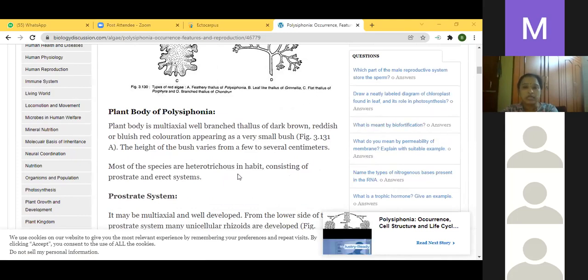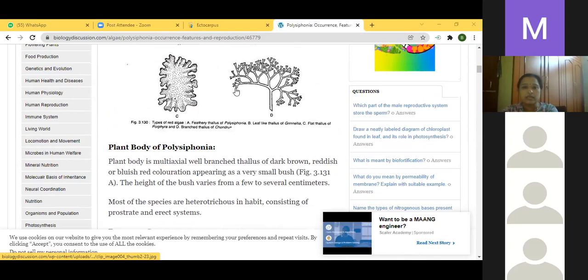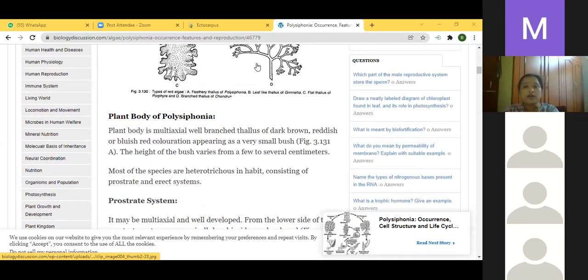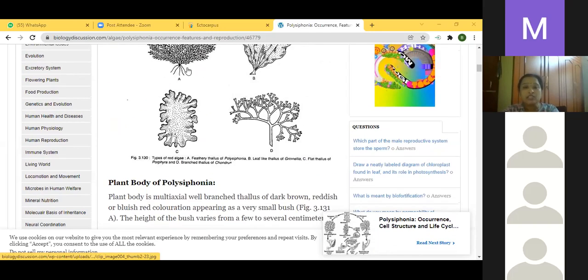What is the prostrate system? How to identify it? The creeping system is called prostrate. It may be multi-axial, well developed, and from the lower side of the prostrate system many rhizoids are found. See, this is the rhizoid.